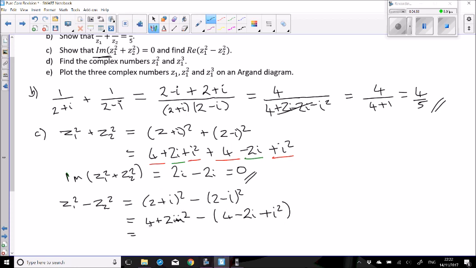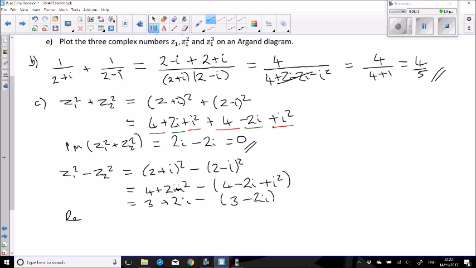Okay, so here we've got 4 minus i squared, that was 4 plus i squared, so 4 minus 1. Here again I've got 4 minus 1. What I care about is the real part. So the real part of that is 3 minus 3, and that also gives us 0.